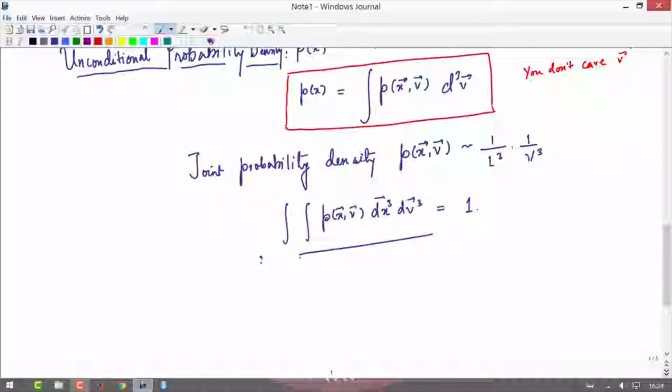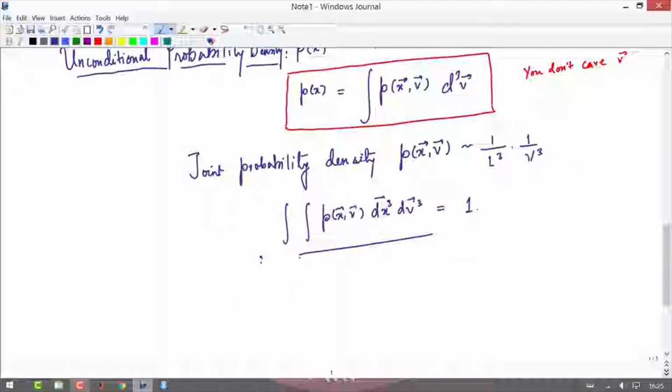So you just have to integrate the joint probability density over all velocities, and this will give you the unconditional probability density on x. Similarly, you could also obtain the unconditional probability density on velocities.